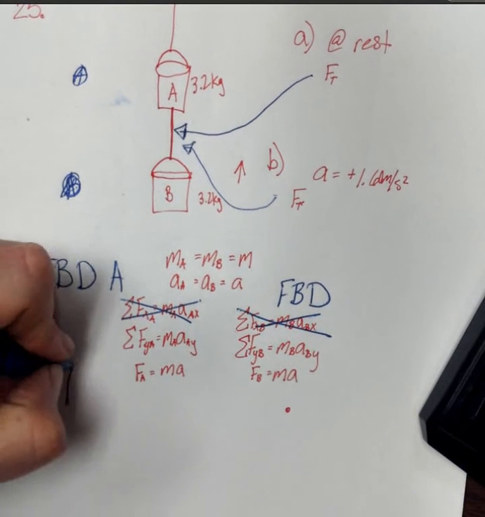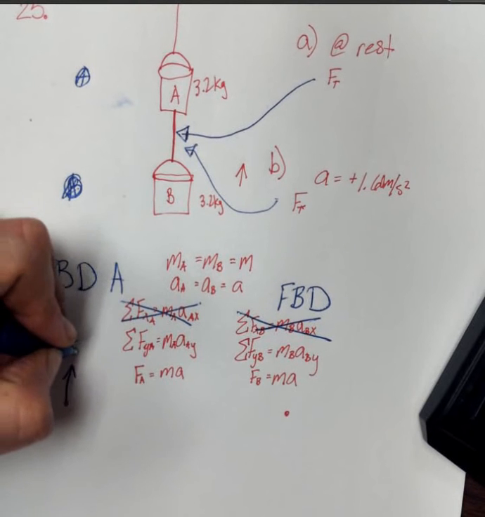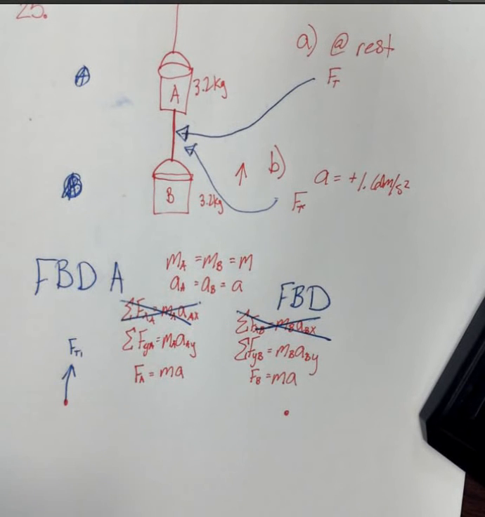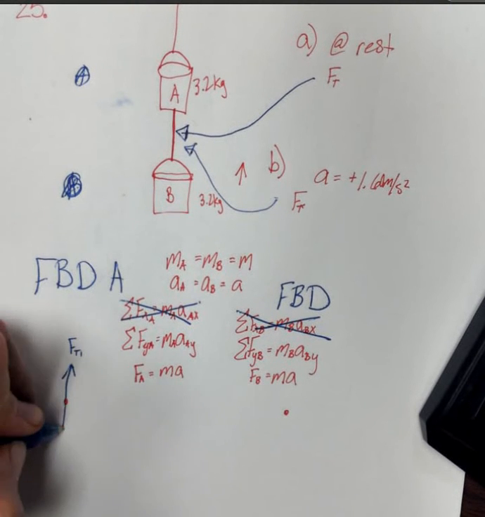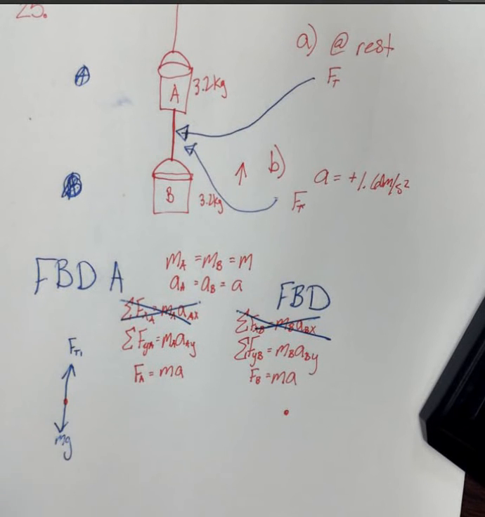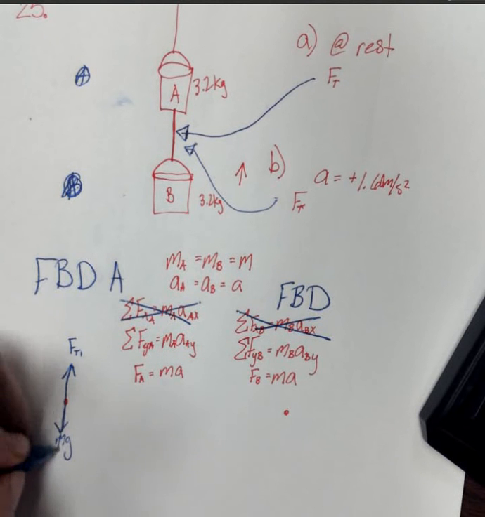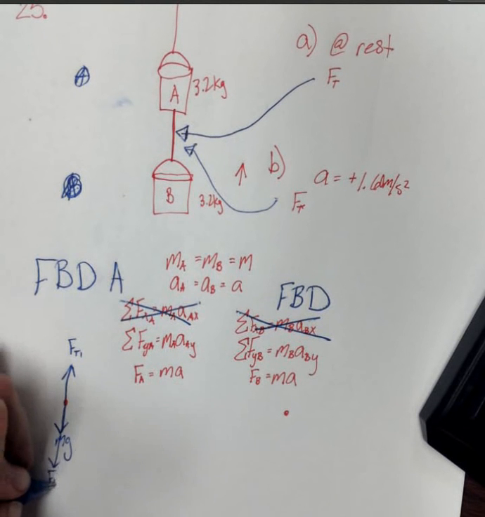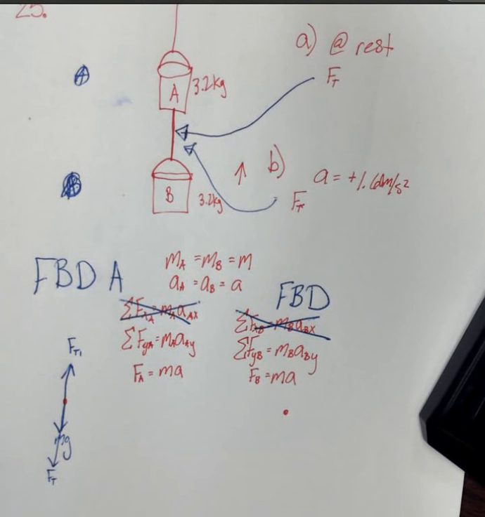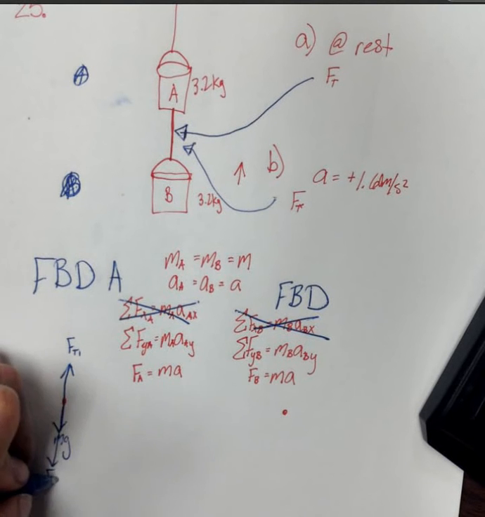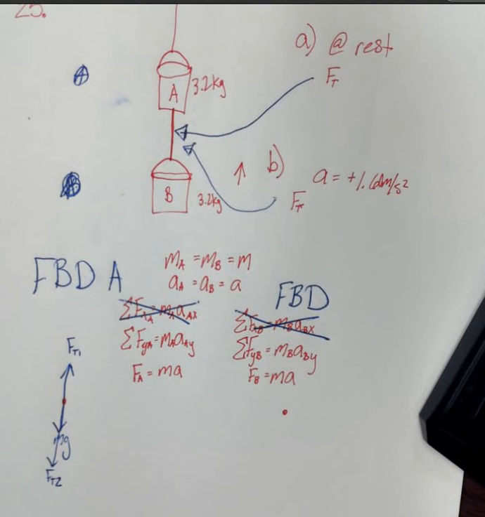There's the force of tension there, there's the weight of the bucket, and there's also the force of tension downward from bucket to bucket, which I'll call force of tension 2.